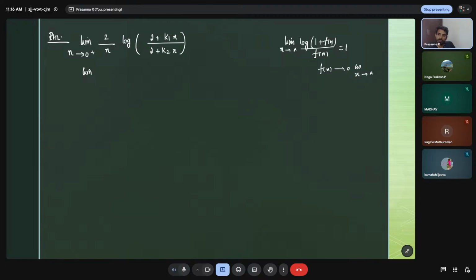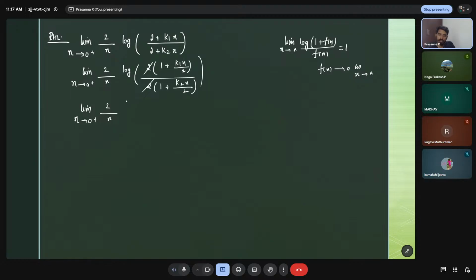So this will be the limit as x tends to 0 plus of 2/x. I'll take 2 outside: 1 + k1x/2 in the numerator, and in the denominator I'll take 2 outside: 1 + k2x/2. So the 2 will get cancelled. This will be the limit as x tends to 0 plus of 2/x times log a by b, which is log a minus log b.